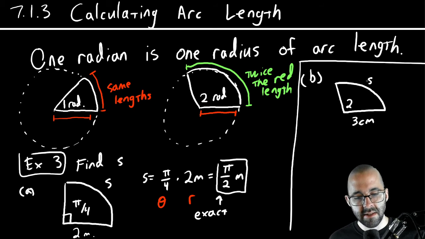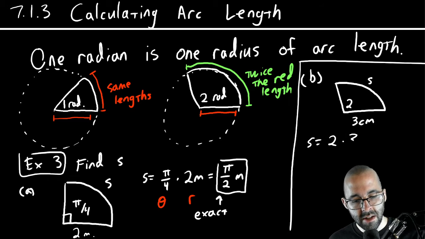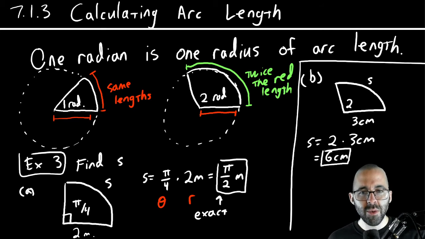Well, then S is just how many radians is the angle and how long is each radius? So S is just 6 centimeters.